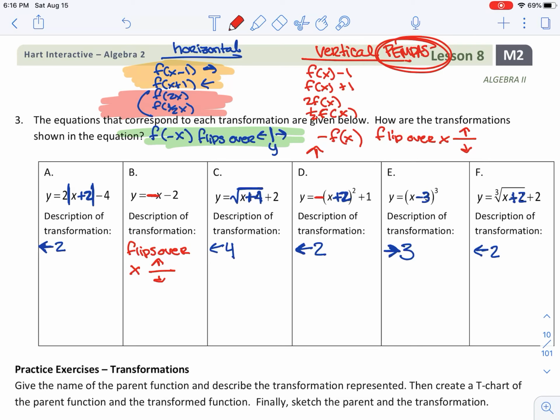In D, I see a negative. Flips over X, which causes an up and down. In E, I don't see anything. In F, I don't see anything. Okay, so I've done that now.